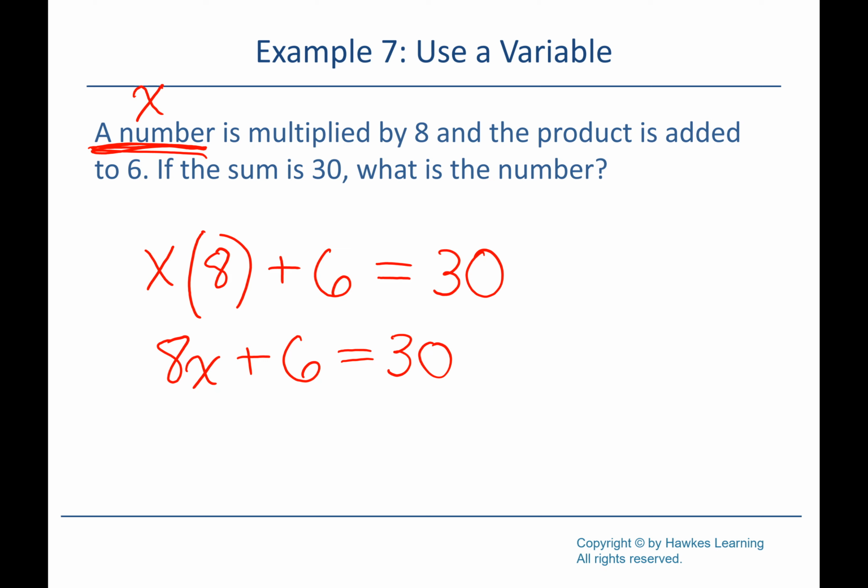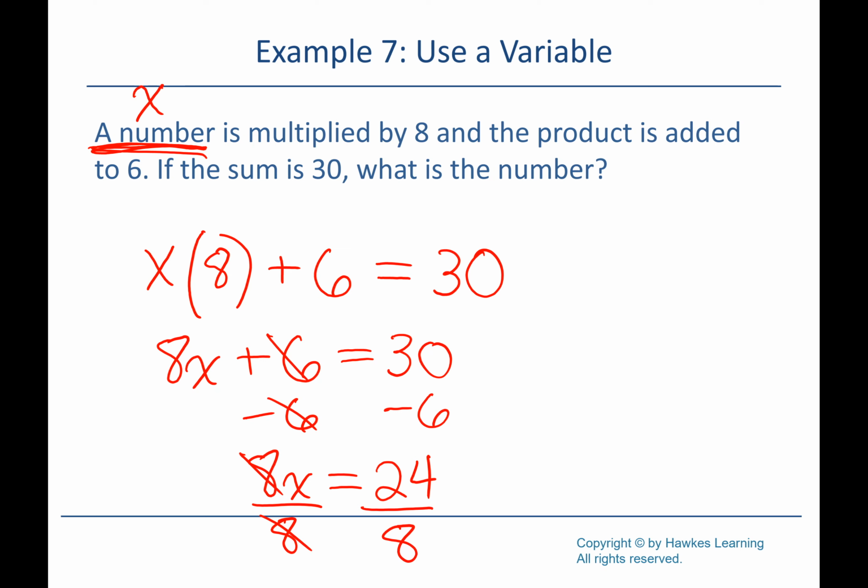So yeah, we'll subtract 6 from both sides because we want to get rid of that. That gives us 8x equals 24. And so to undo, we're doing 8 times x, so to undo that we divide by 8 on both sides. And then, yeah, 24 divided by 8 is 3.